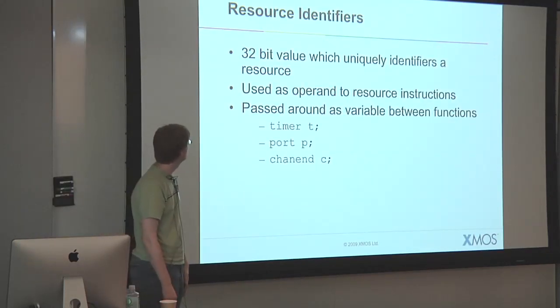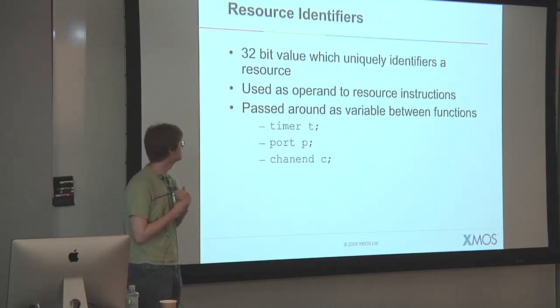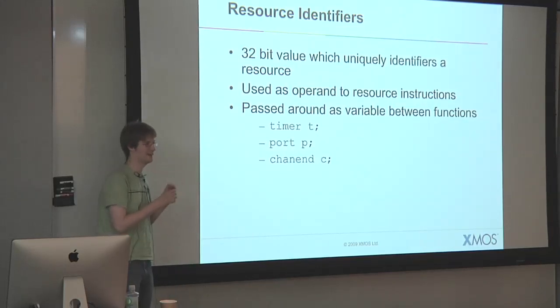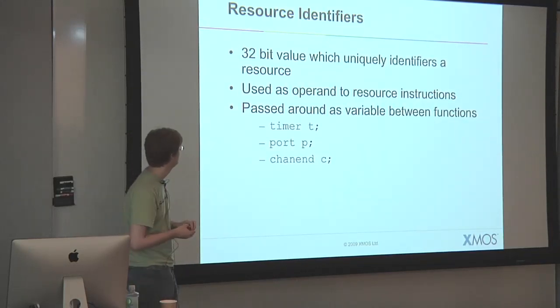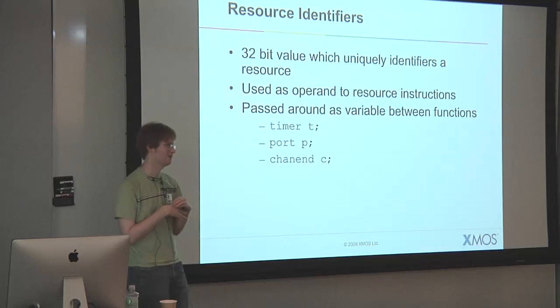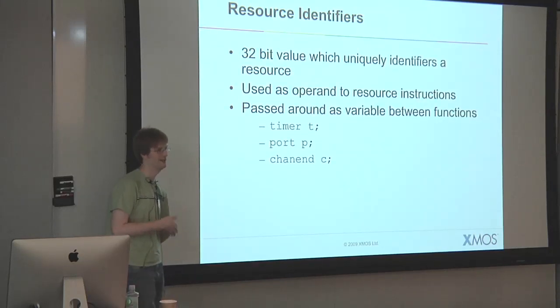Resources are referred to via resource identifiers, which is a 32-bit integer that uniquely identifies that resource. That's given as an operand to any instructions that operate on that resource, and it can also be used to pass around as a handle between functions, just like a normal variable. So there are the different types there.